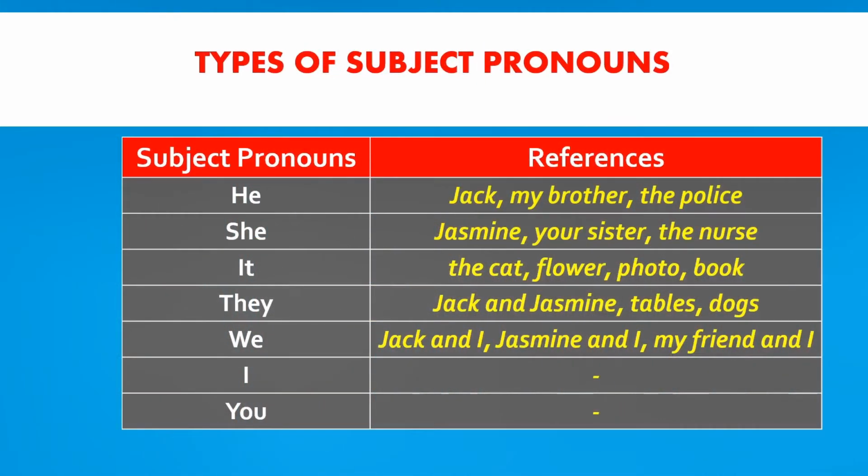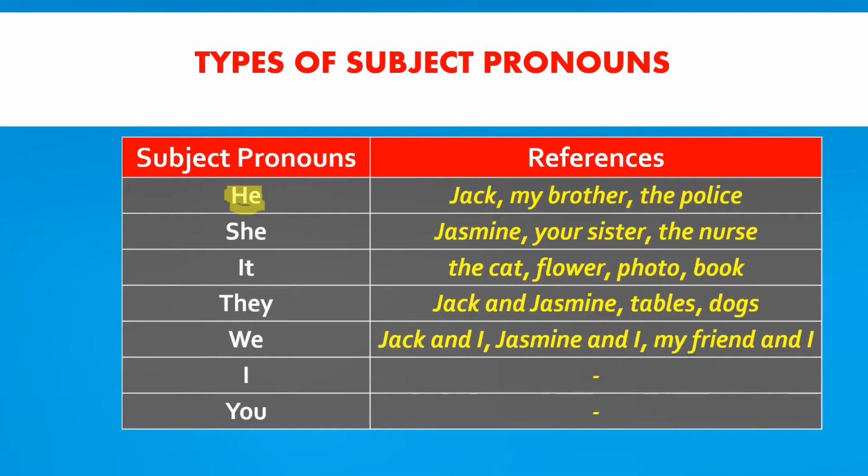Okay, there are many types of subject pronouns. For example, if we are referring to man or boy, we use the subject pronoun he. For example, you can see here, Jack, my brother, or the police.